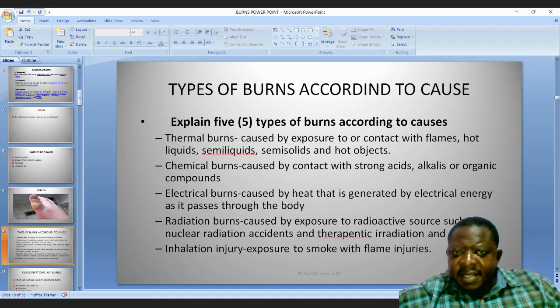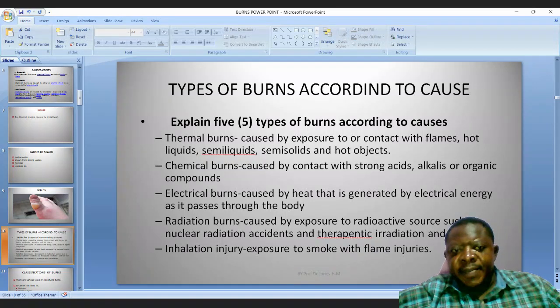Types of burns according to cause. As we have discussed, we have thermal burns, meaning burns caused by exposure or contact with flames, hot liquids, semi-solids, or hot objects.